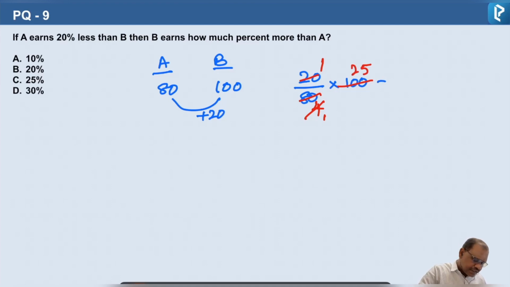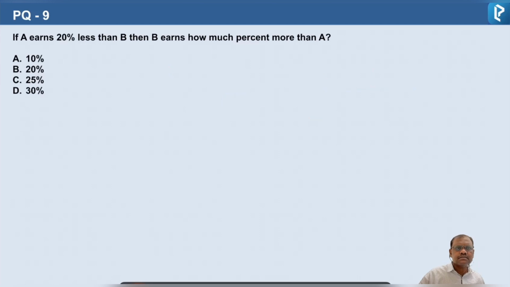So that is 25%. So that means B is earning 25% more than A. So 20 is 25% of 80. So B is earning 25% more than A. So option C is the right answer.